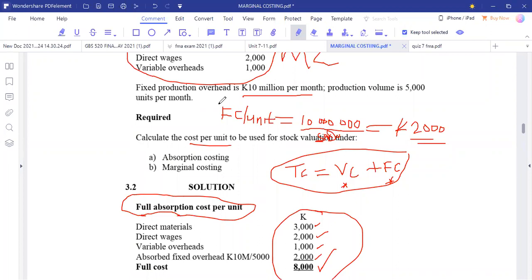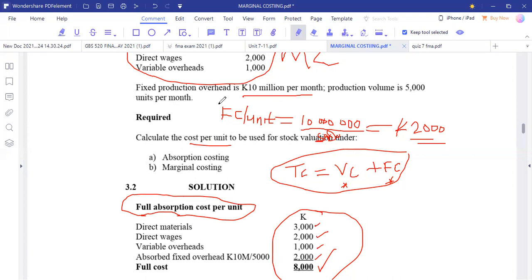If it was given for the entire year, say a fixed production cost of 12 million for the year, you divide it by 12 months to find the fixed cost for a given month.